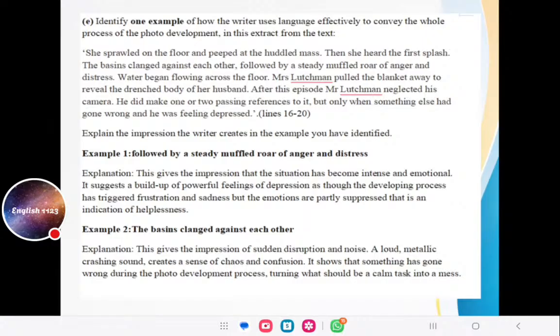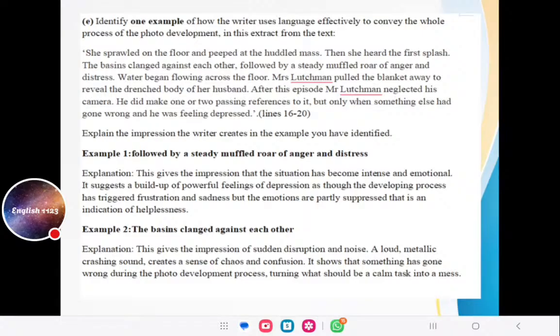This gives the impression that the situation has become intense and emotional. The word roar, and anger, distress, all three tell us that the situation has become intense and emotional. It suggests a buildup of powerful feelings.